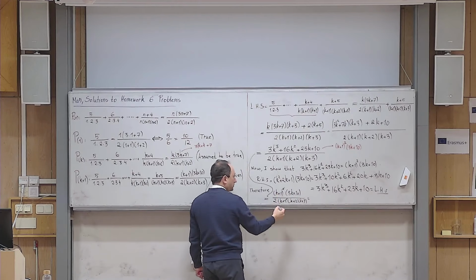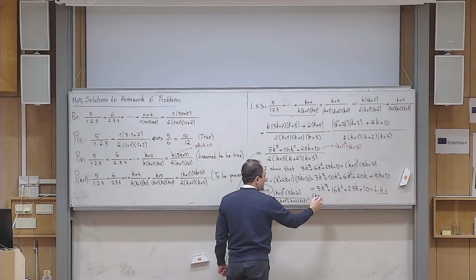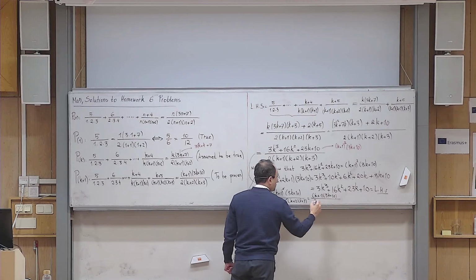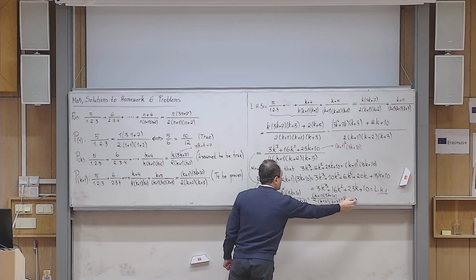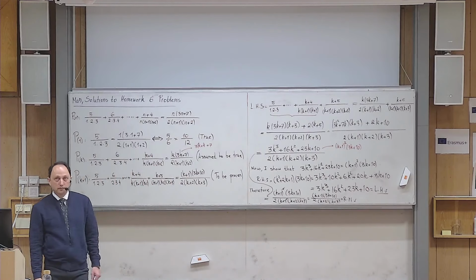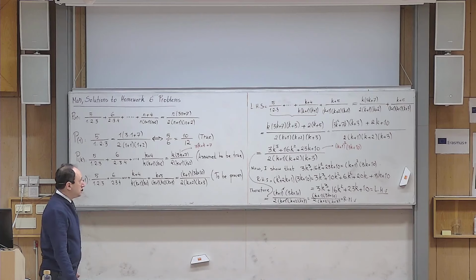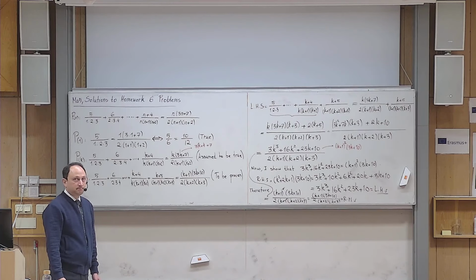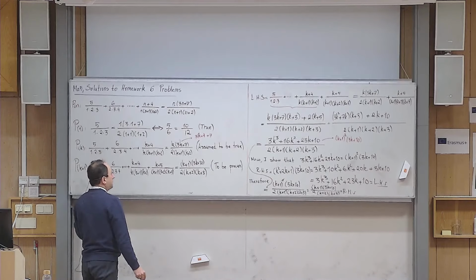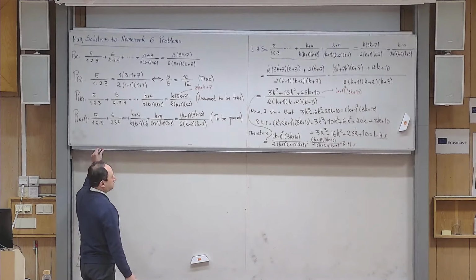This one and that one are gone, so it becomes k plus 1, 3k plus 10, and then divided by 2 times k plus 2, k plus 3, and that is exactly equal to the right-hand side of the expression I wanted. Sure. Okay. Any questions? Good. So let us go to the next one.